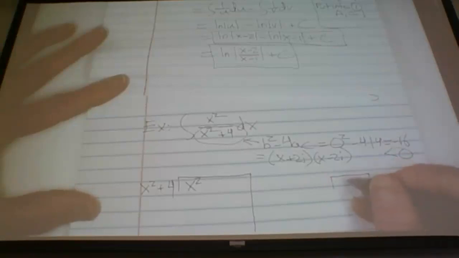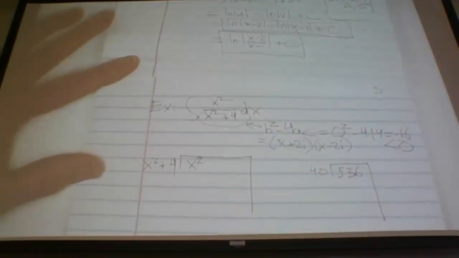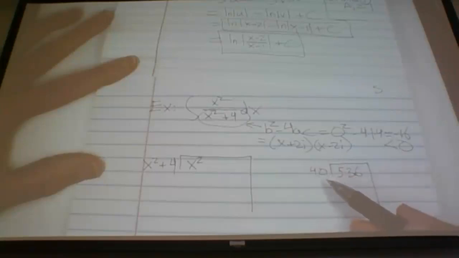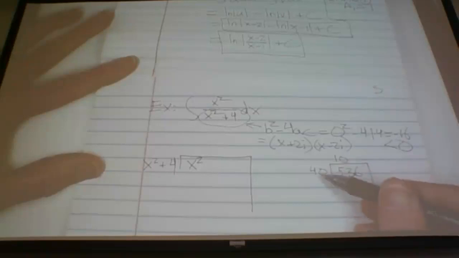Like, for instance, suppose I was doing numbers. This is analogous to dividing whole numbers. Suppose I want to divide 536, let's say by 40. What would I do? I'll first take the largest multiple of 10 that goes in there. 10 times 40 makes 400.